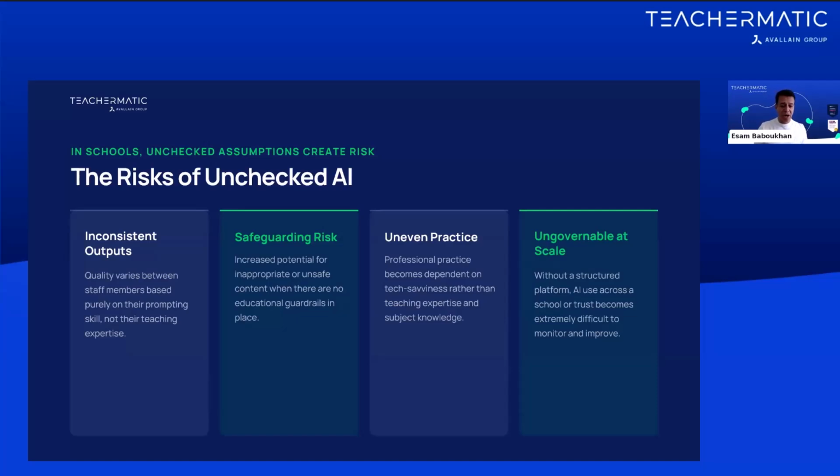Safeguarding without guardrails: you don't always know what's coming out. In education, we can't take that risk. So it's very important how we manage this across the department and how we monitor it, and that as teachers and as organizations, safeguarding is in place here.